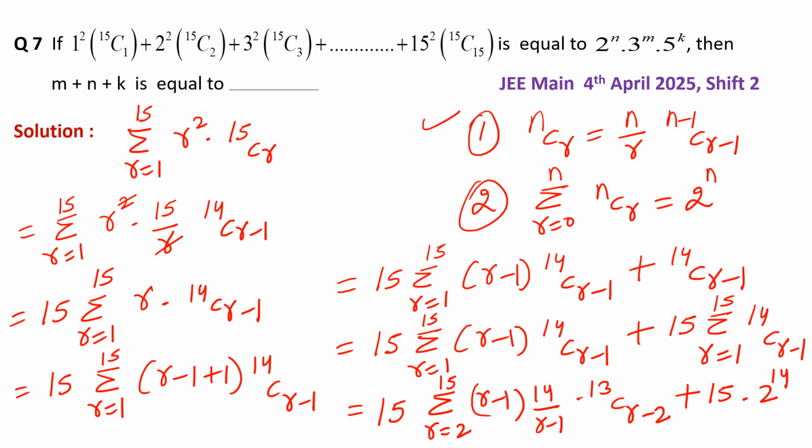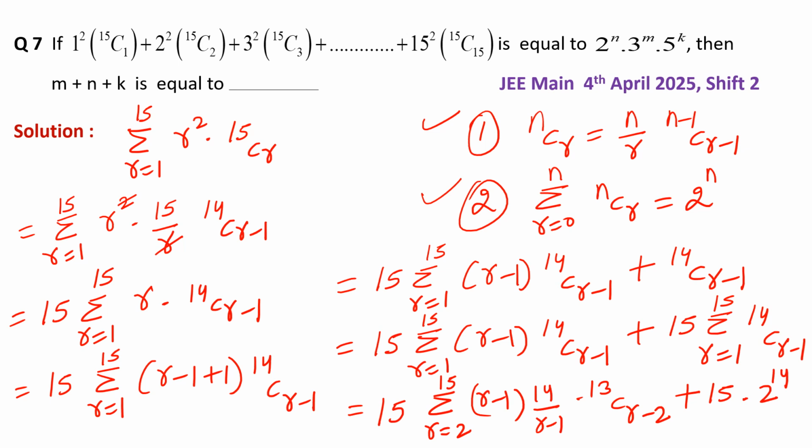Now I have used the second property because the second summation is nothing but 14C0 plus 14C1 plus 14C2 and so on till 14C14, and all of this is being multiplied with 15. So this becomes 15 into 2 to the power 14. Just use the second property and you will get its sum.